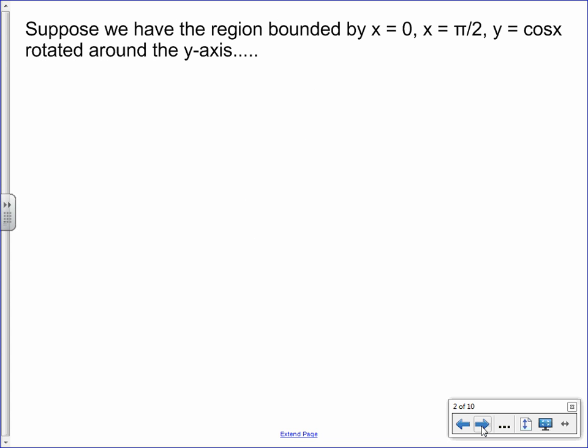So what I want you to think about: suppose we have a region bounded by x equals 0, x equals pi over 2, and cosine of x, and we want to rotate it about the y-axis. I want you to set up how to do that.